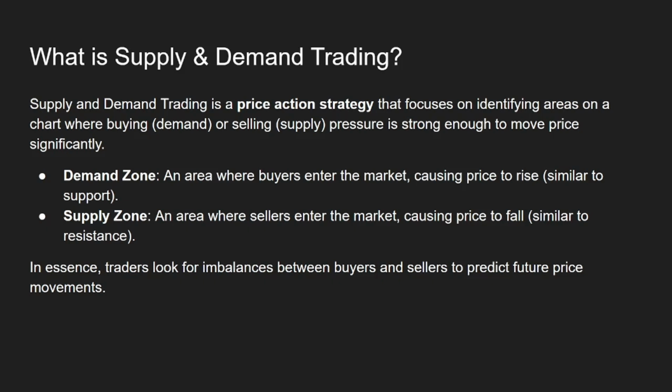I'm going to get into that in another video: support and resistance versus supply and demand. A supply zone is an area where sellers enter the market, causing the price to fall, similar to resistance. In essence, what traders look for is imbalances between buyers and sellers to predict future price movements.